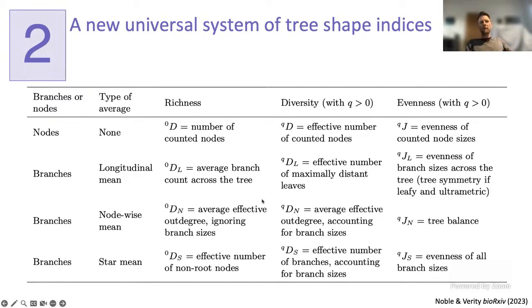So the diversity becomes the bushiness measure, and the evenness gives you tree balance. And then finally, you can take all the branches, reattach them to the root, so that you look at them all independent of where they are in the tree. In that case, you can get the effective number of non-root nodes, you can get the effective number of branches, and the evenness of all the branch sizes, ignoring where they are in the tree.